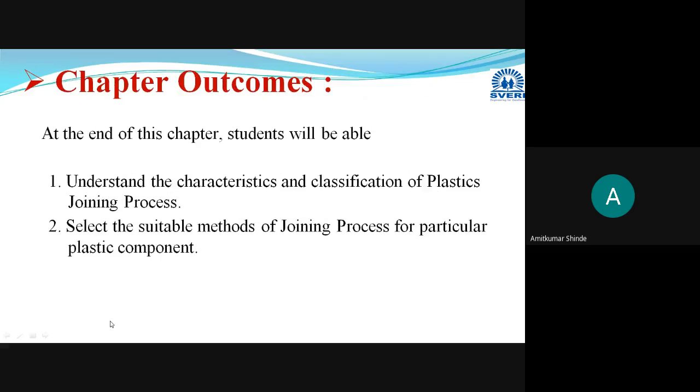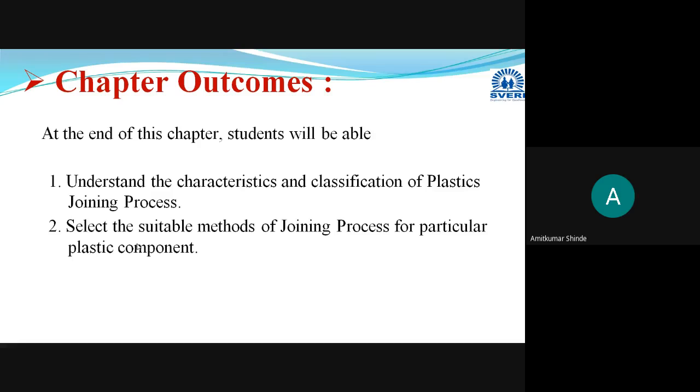And then what will be the outcome after studying this chapter? You will be able to understand the different welding or joining methods we use for joining plastic materials, and depending on the type of plastic material, you can decide which method is most suitable at the end of this chapter.